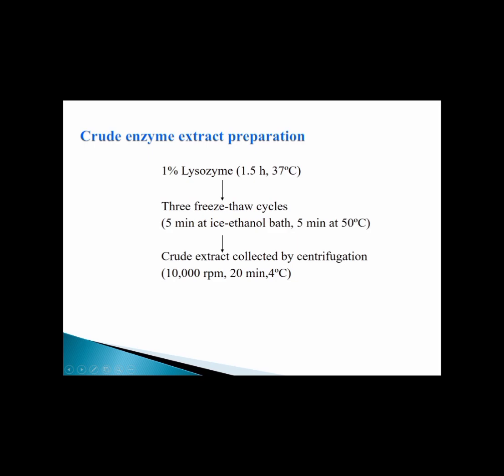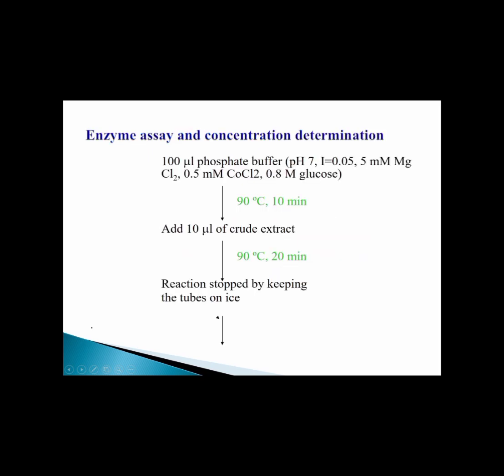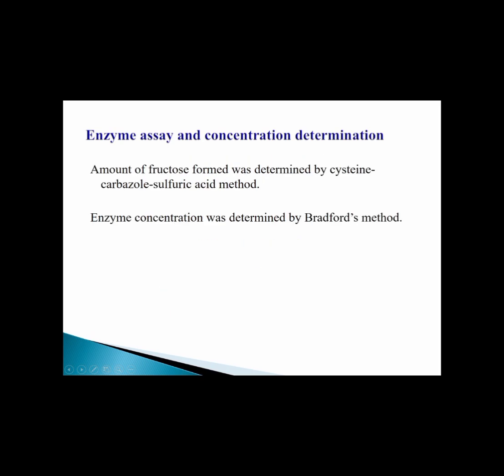And then enzyme assays and protein concentration were determined. A typical standard protocol was followed for enzyme assay and protein concentration. Enzyme assay looked for fructose, glucose to fructose conversion, and protein concentration was determined by the Bradford method.